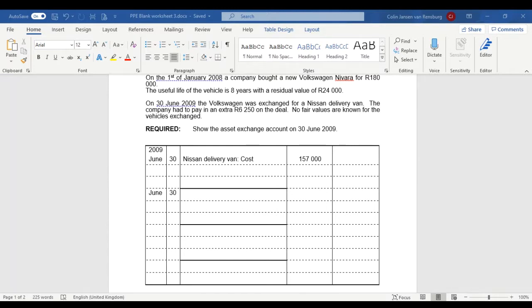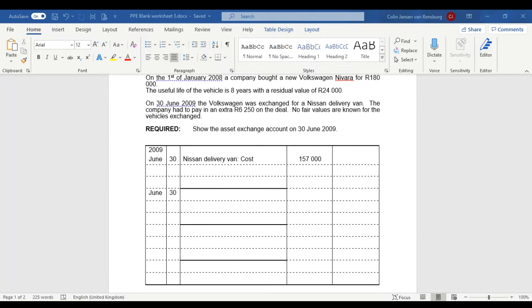The cost. Thank you. The one contains the cost, and the other account contains the accumulated depreciation. There we go. So both of those accounts carry a value that combine to give us the carrying amount of this old asset.